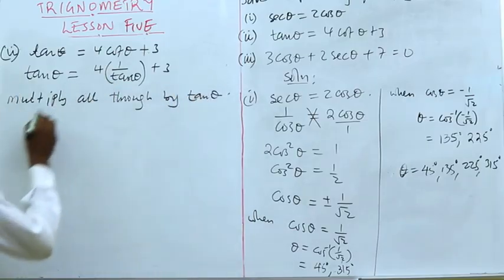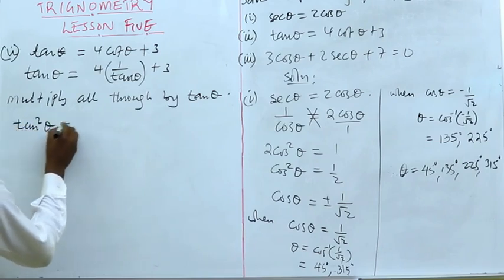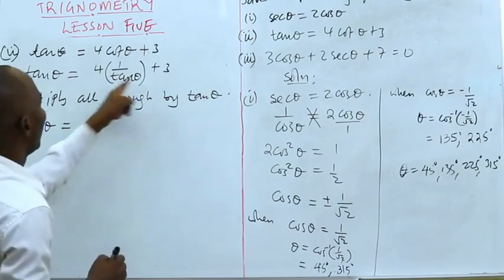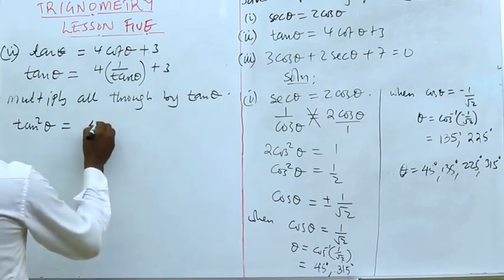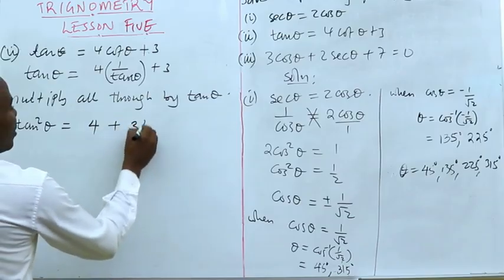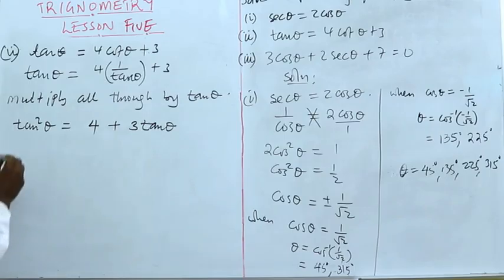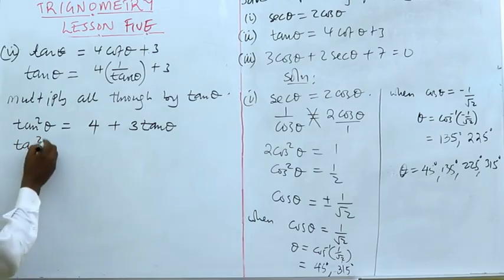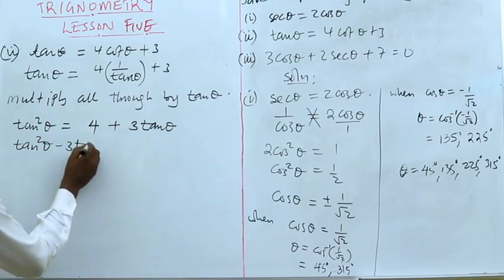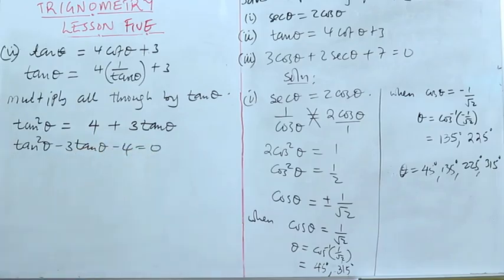So if you do so, this one is going to become tan squared theta is equal to, now here you'll have a 4 because the tan will cancel with the tan down, plus 3 tan theta. Then you rearrange it properly. You'll have tan squared theta minus tan theta minus 4 is equal to what? I've brought all the elements on one side, and that is the left-hand side.